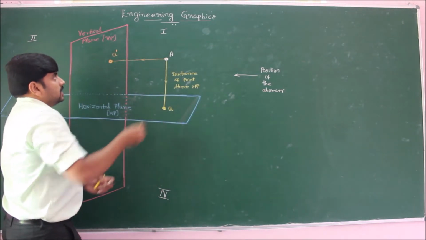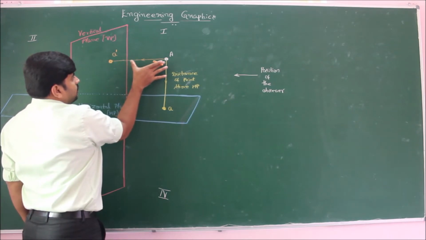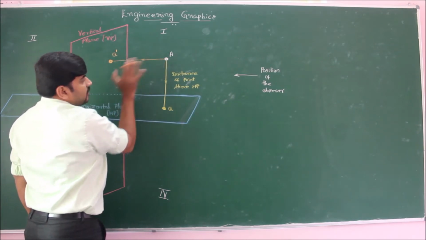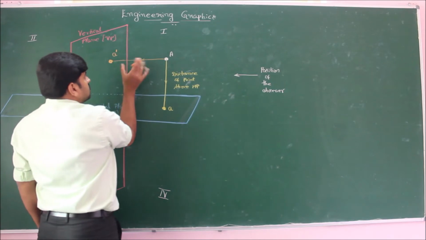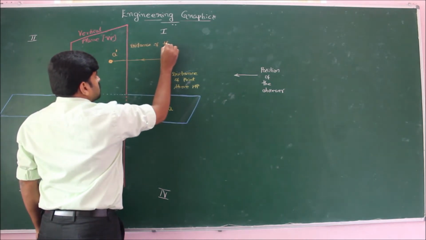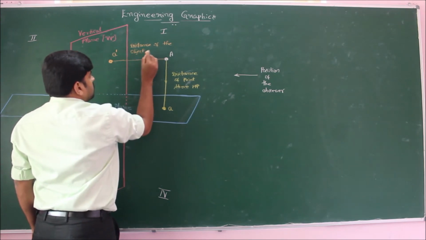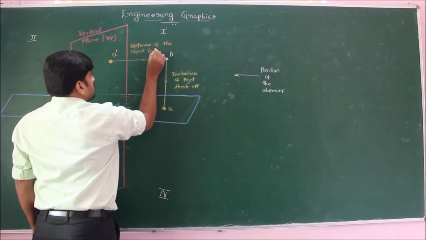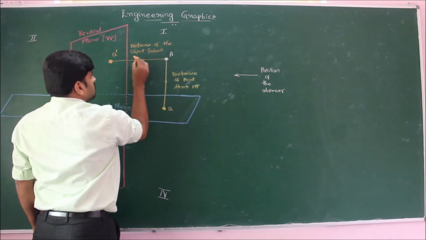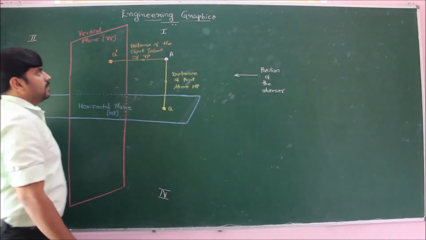Similarly, in the top view, the observer can see the distance of the object in front of the vertical plane. So in the top view, you can visualize the distance of the object or point in front of the vertical plane.